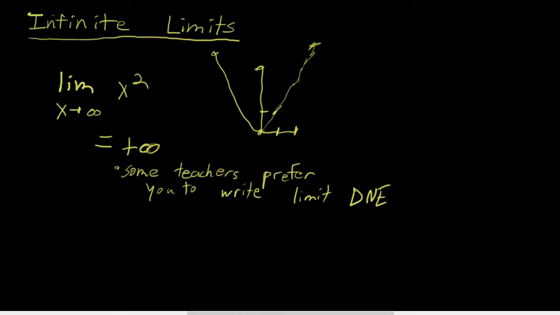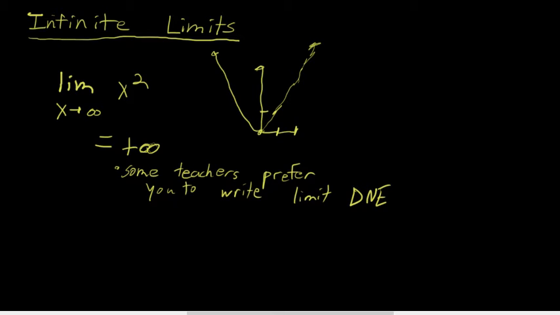Well, 9 million squared is more than 10 million. So no matter what number you pick, you're always going to find an x value for which f of x exceeds that number. And that's essentially what this positive infinity is telling you.